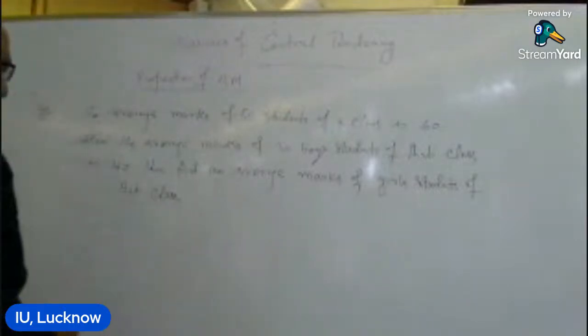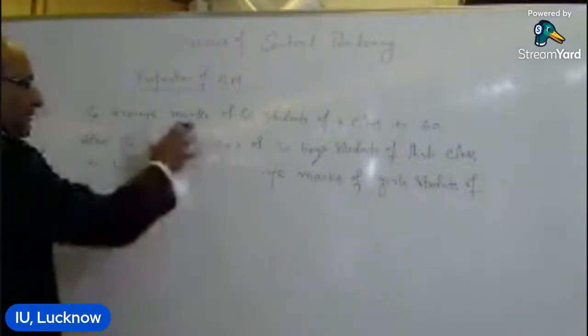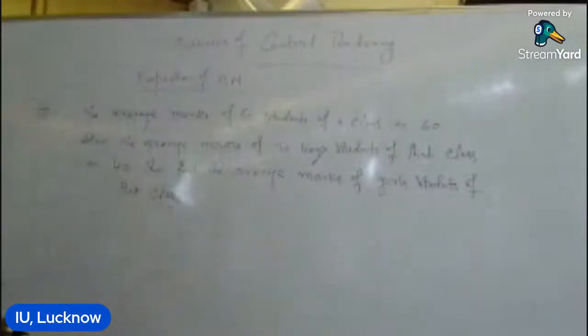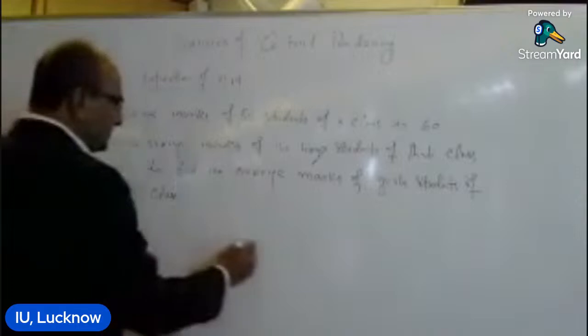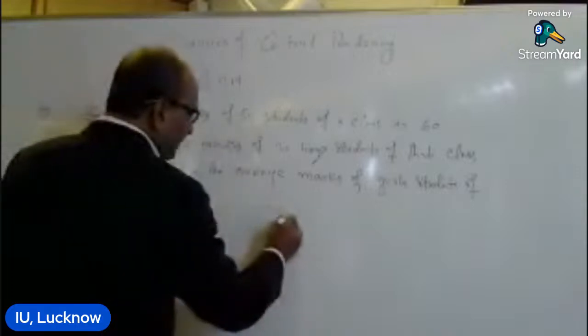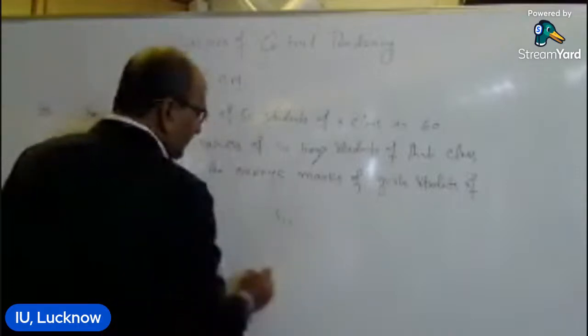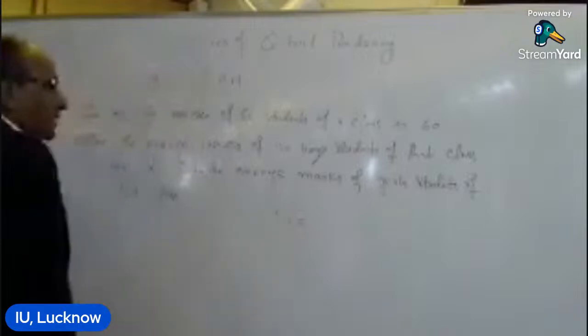So what is given? This is based on the combined arithmetic mean. Suppose 1 and 2, 1 is boys students and 2 is girls students.